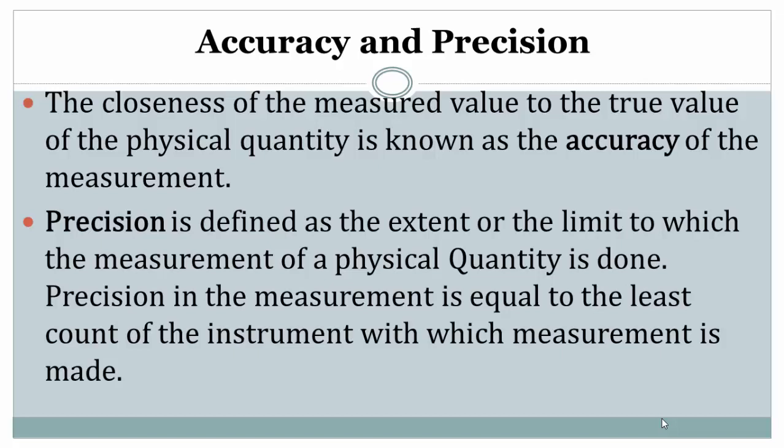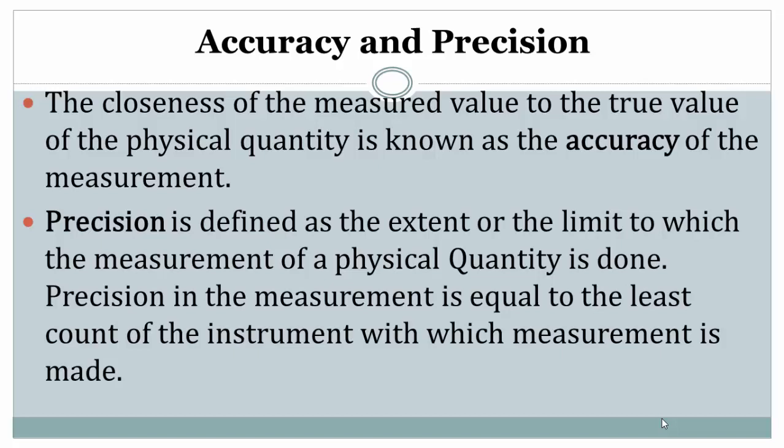Measured value is the one which is measured through an instrument. So accuracy means the closeness of the measured value to the true value of the physical quantity. If the true value and measured value are close enough, then we say that the value is more accurate.